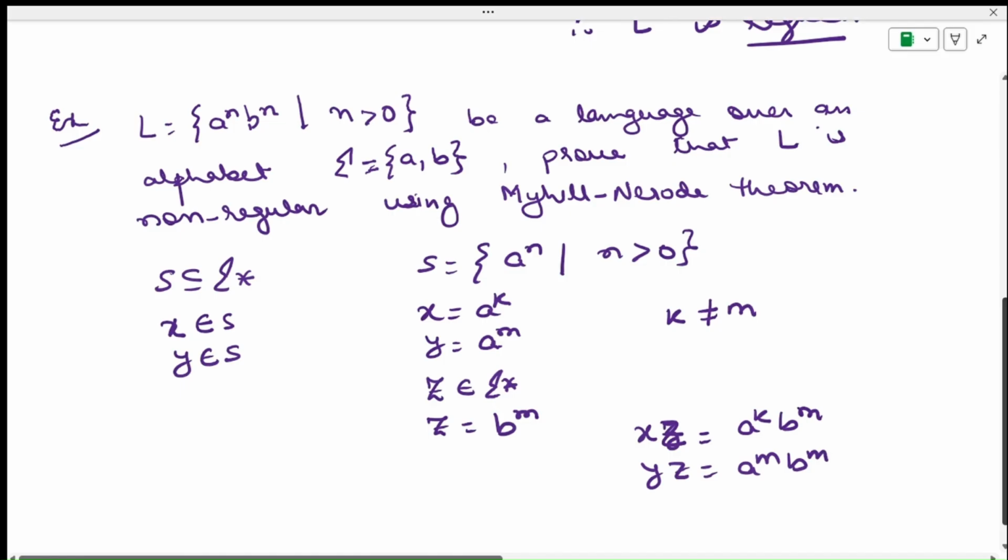Now we can see that a raised to the power k, b raised to the power m is not in the language L because the number of a's and number of b's are different. The language L says that the number of a's and number of b's should be the same. YZ belongs to the language L as the number of a's and number of b's are the same. So we see that XZ does not belong to L, whereas YZ belongs to L. Therefore, X and Y are distinguishable.